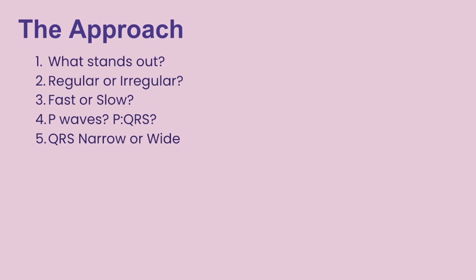Alrighty, so the general approach that I want you to take when you get an arrhythmia strip is number one, trust your eyes. What stands out? We've gone over what normal looks like. We've gone over some of the patterns. We've cued in on some of the things that look weird. So trust your eyes. What do you notice first? Okay, start there. Remember, what you notice first is an opportunity to investigate, and then you go from there.